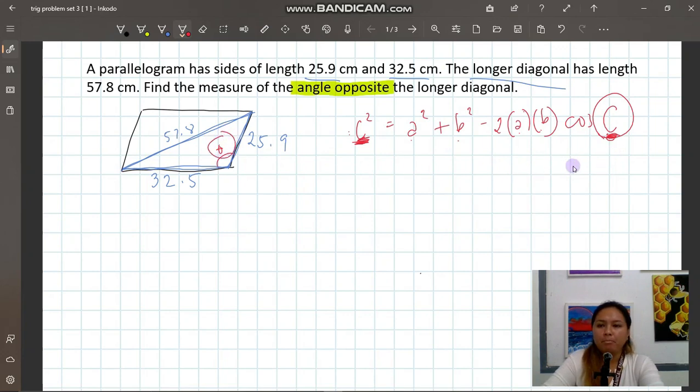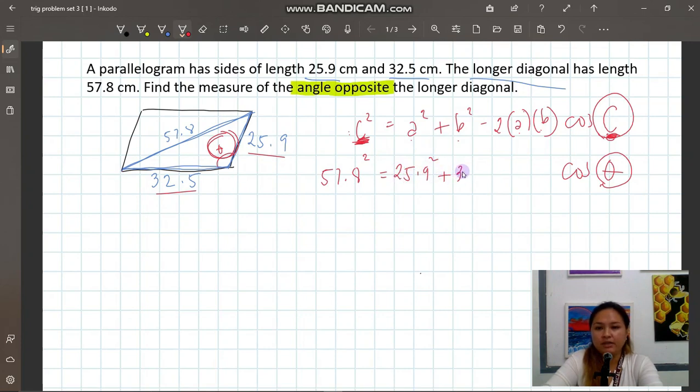So what we need to get in our equation is theta. Since it is theta, what we put on the one side of our equation is the side opposite to theta. Opposite to theta here is the 57.8. So that's why we'll use 57.8 on the one side of the equation. And at least a and b are safe, wherever we put 25.9 and 32.5.